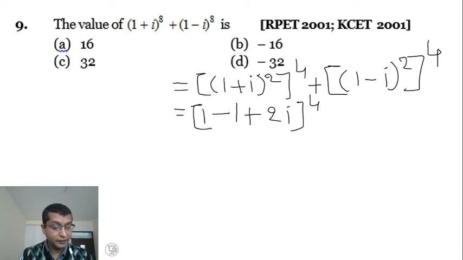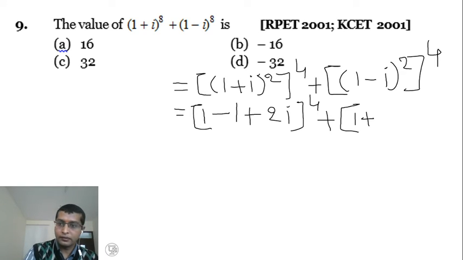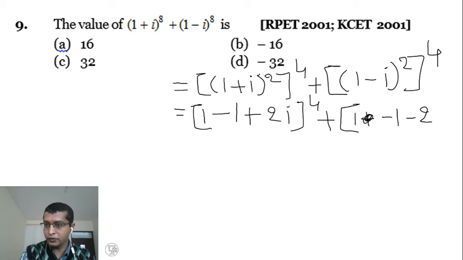So simple mathematics I am going to use here. Similarly, next it is (a minus b) whole square: a square plus b square is minus 1, minus 2ab, minus 2i, raised to 4.